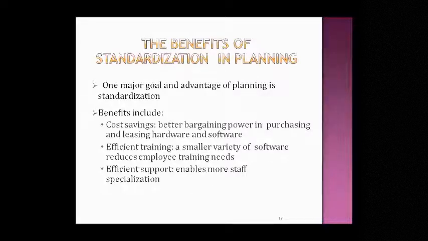Efficient training. A smaller variety of software reduces employee training needs. Why? Because we have a better software. Efficient support enables more staff specialization. So we also have to make our staff specialize in their chosen field or their knowledge.